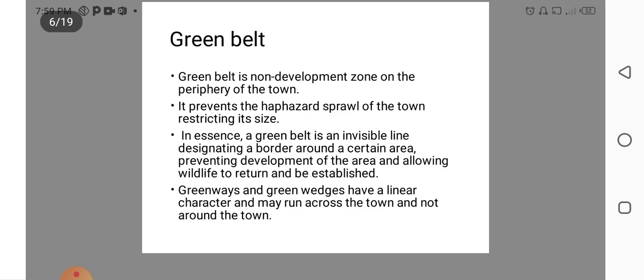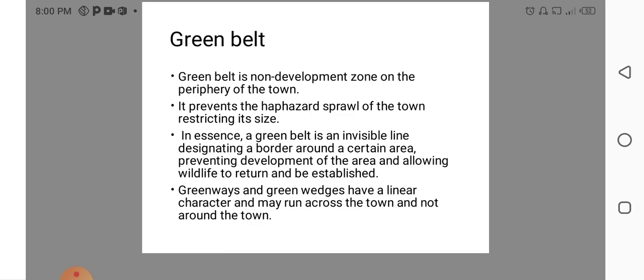Green belt. Green belt is a non-development zone on the periphery of the town. It prevents the haphazard sprawl of the town, restricting its size. Green belt is an invisible line designating a boundary across a certain area, preventing development of the area and allowing wildlife to return and be established.